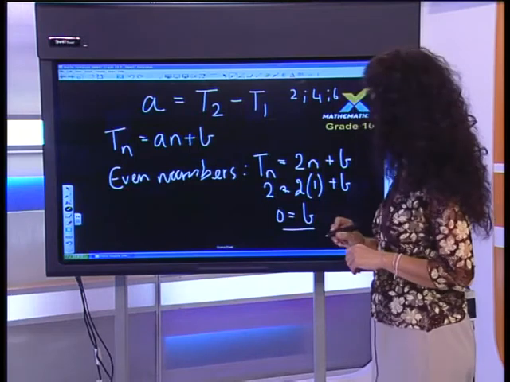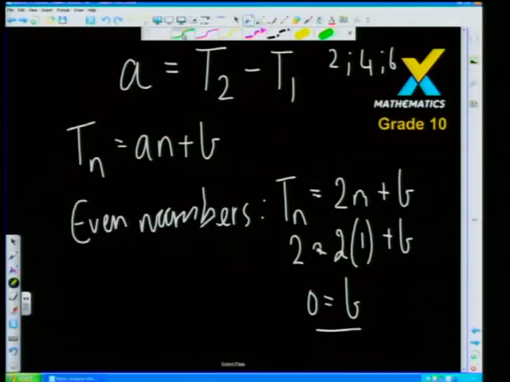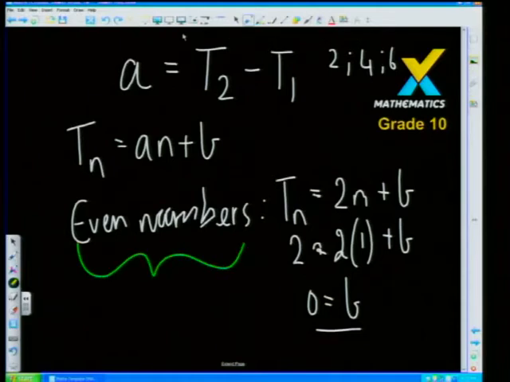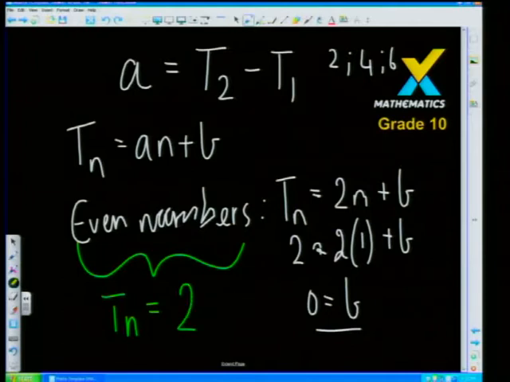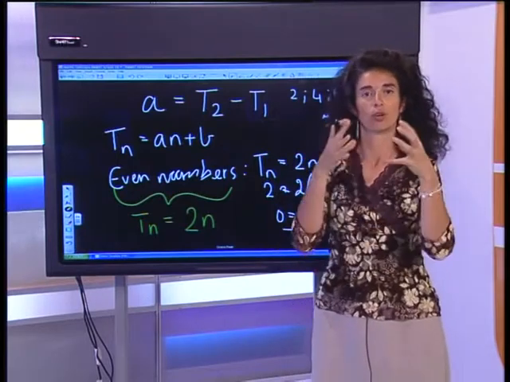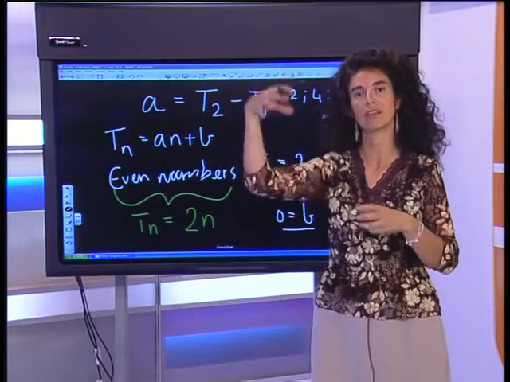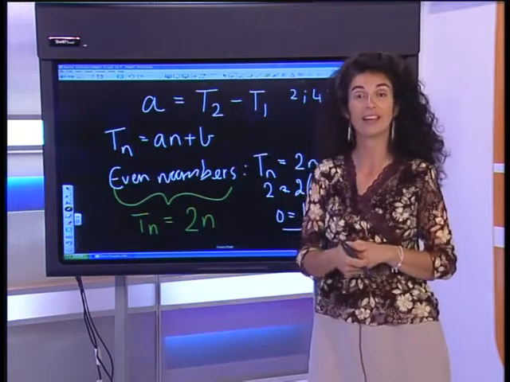So my b is 0. So my even numbers then are going to be of this form, 2n. Any algebraic description of even numbers would be 2n, and so that pattern can be represented algebraically as 2n.